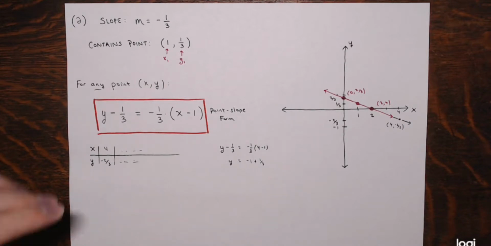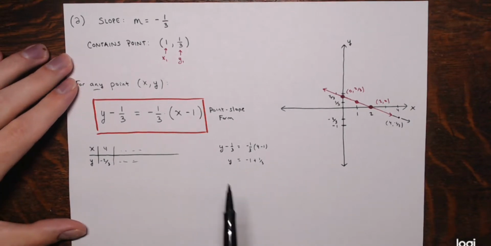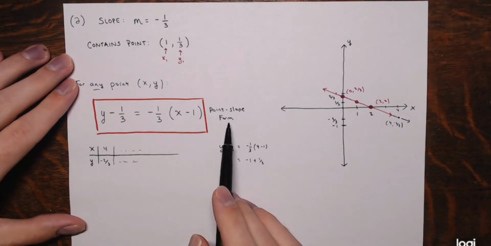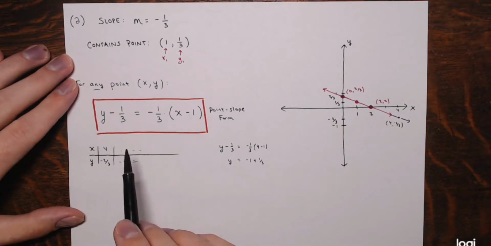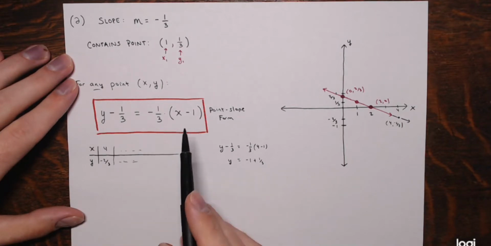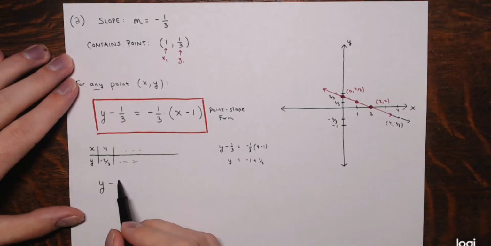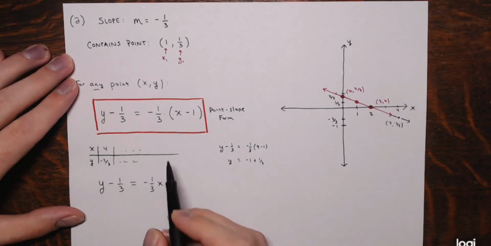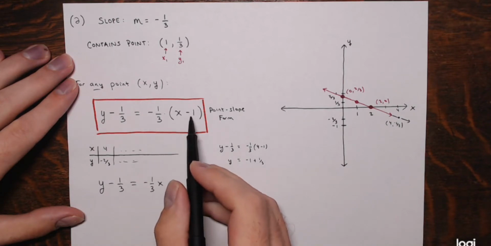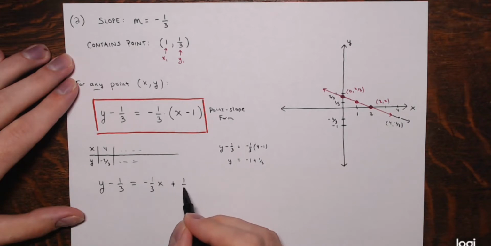All right, and now let's take this equation in point-slope form, the easy one to write, and put it in slope-intercept form. So I'm going to distribute the negative 1/3. We got y minus 1/3 equals negative 1/3 times x, and then negative 1/3 times negative 1 is positive 1/3.